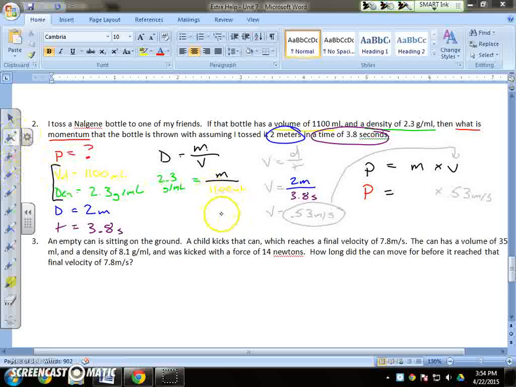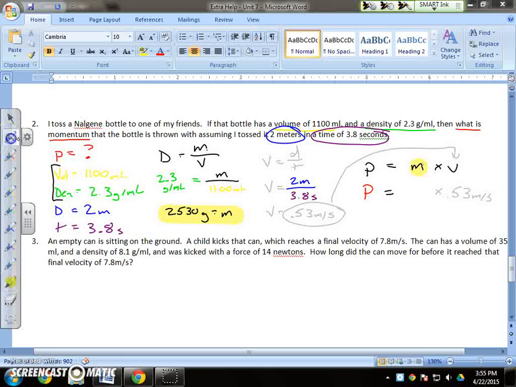and we're going to be left with a mass that is equal to 2,530 grams. Now, we do have a slight problem here. This is in grams. This needs to be in kilograms.